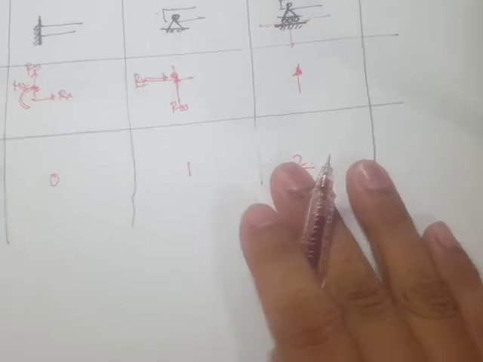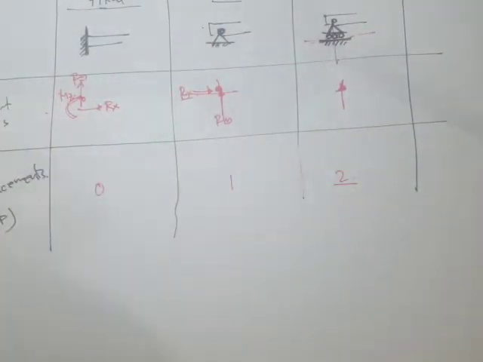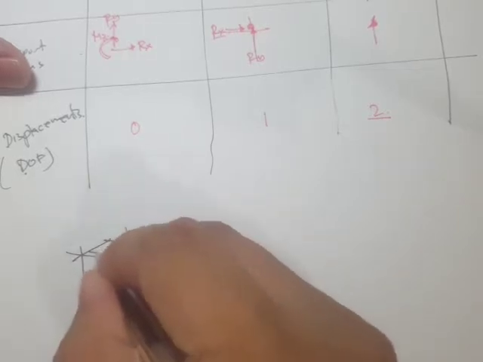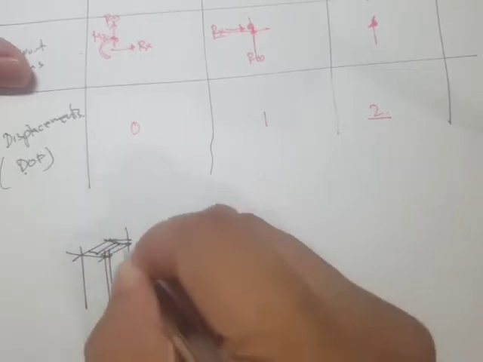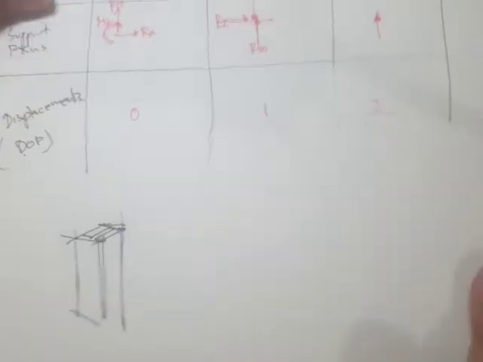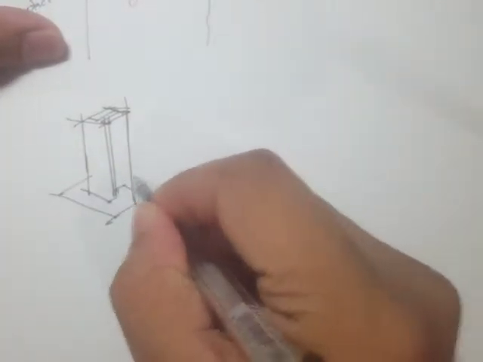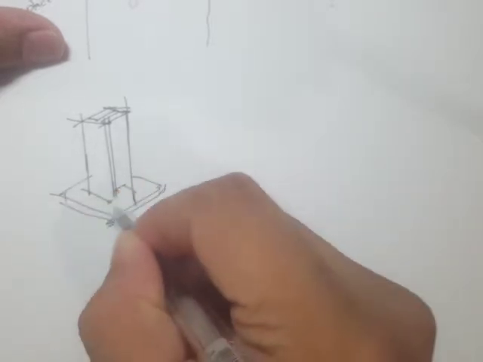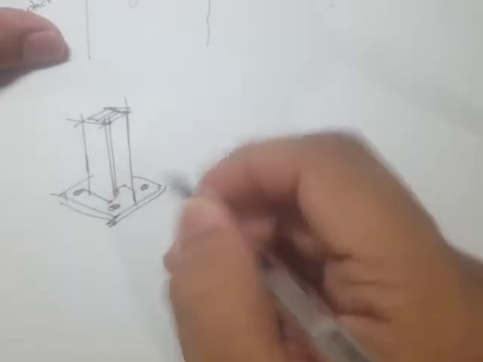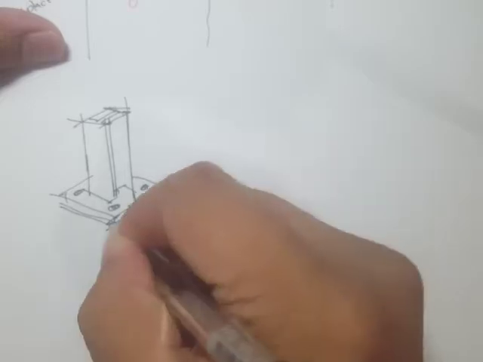Okay, so where do we find this fixed support, the pin support, or the roller support? For the fixed support, typical is, for example, a base plate of a steel column. So, for example, we have a bearing plate, and then it's bolted on a pedestal.